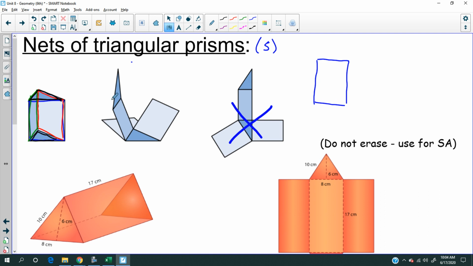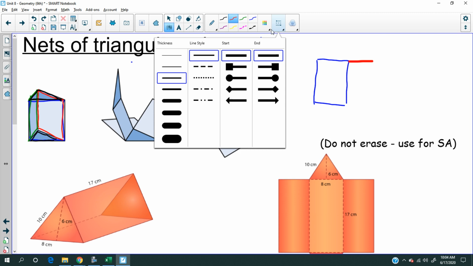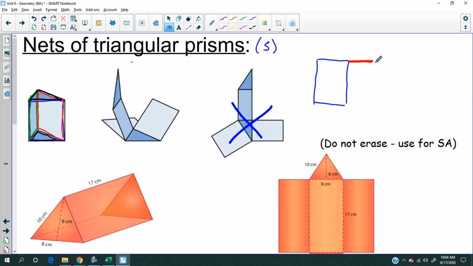Okay, and then I'm gonna do the one with the red. So if you fold it out, so imagine, right? Since this triangular prism is kind of standing up, I'm gonna fold it out like that. All right, so I'm gonna keep this standing up. I'm gonna bring the side up, like that. Okay, I keep forgetting to use a thinner marker.